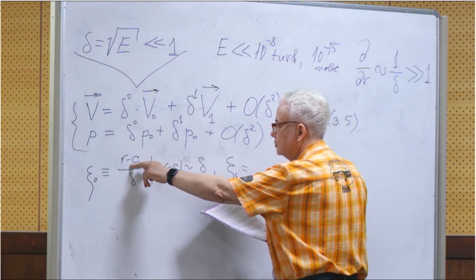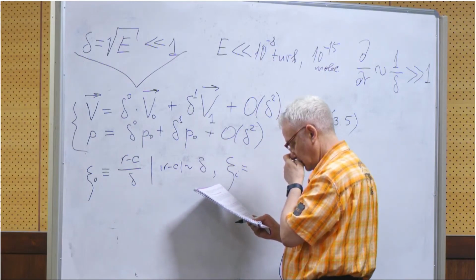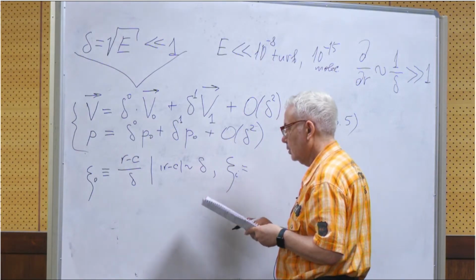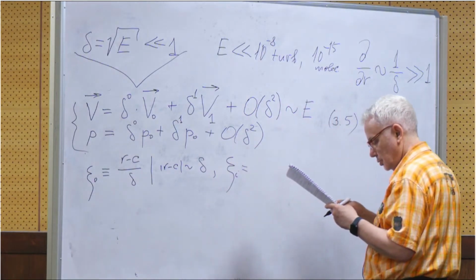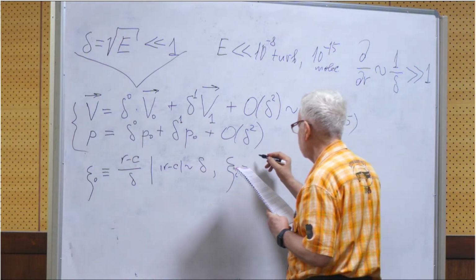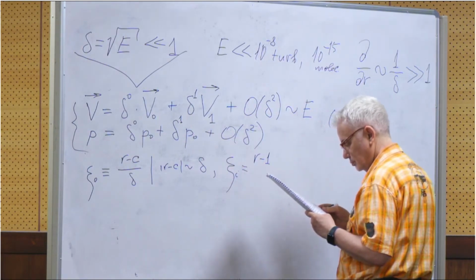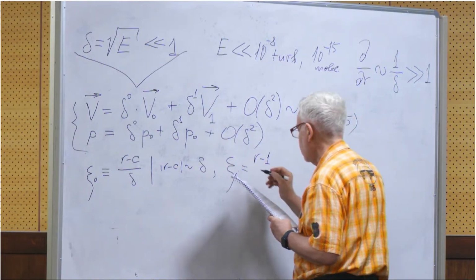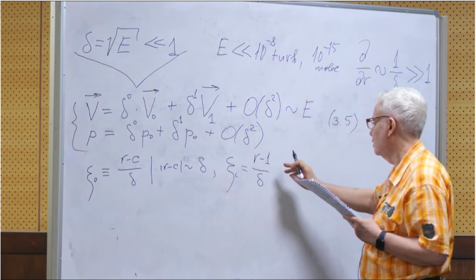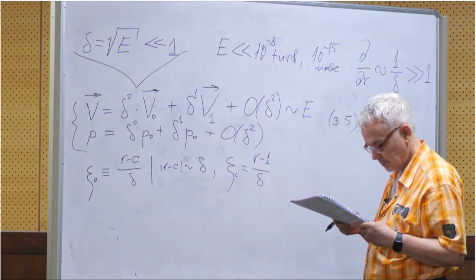R is coming in the first place because, okay, no, doesn't matter. So here we have expansion in this way, but here we have expansion in this way. R minus 1 over the delta, obviously, because the inner radius is here set to 1.